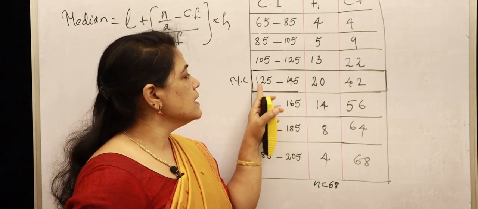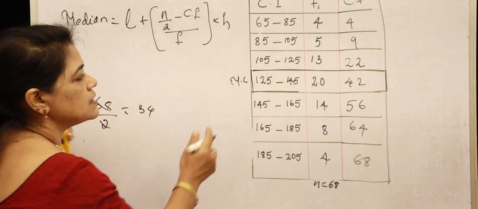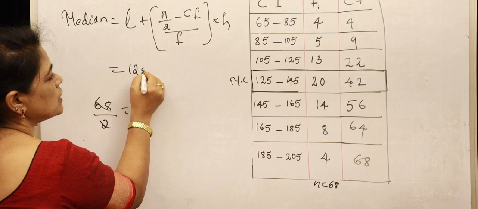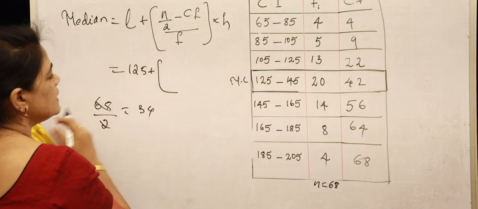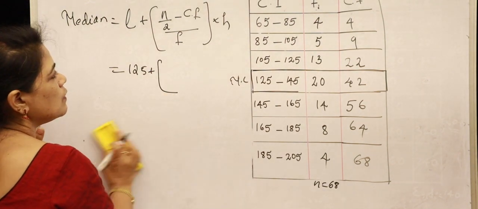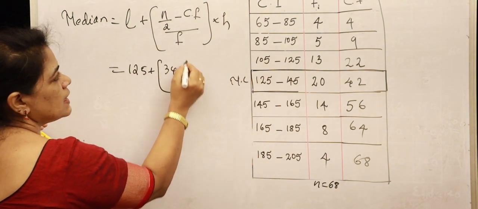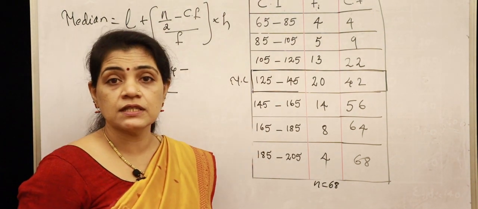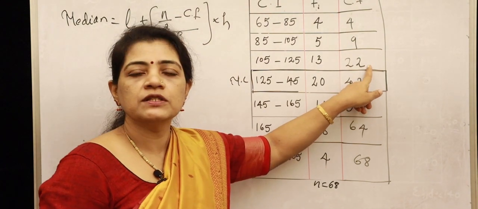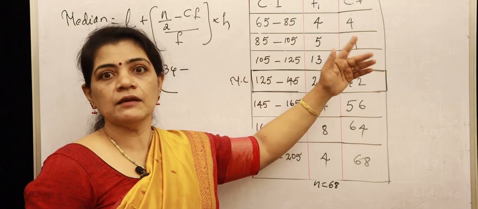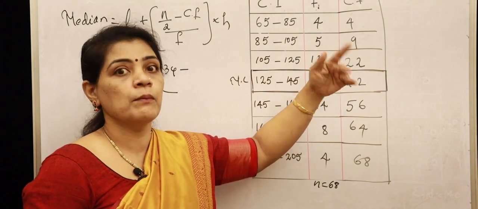Here the lower limit of the median class, this is L, small letter L, is equal to 125. In the bracket, n by 2 we have seen is 34, minus CF. What is CF? CF is the cumulative frequency of the class preceding the median class, which comes just above it.